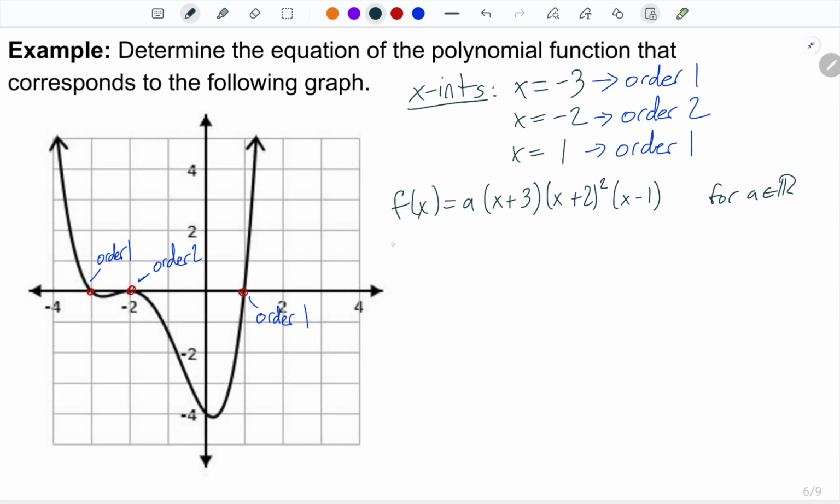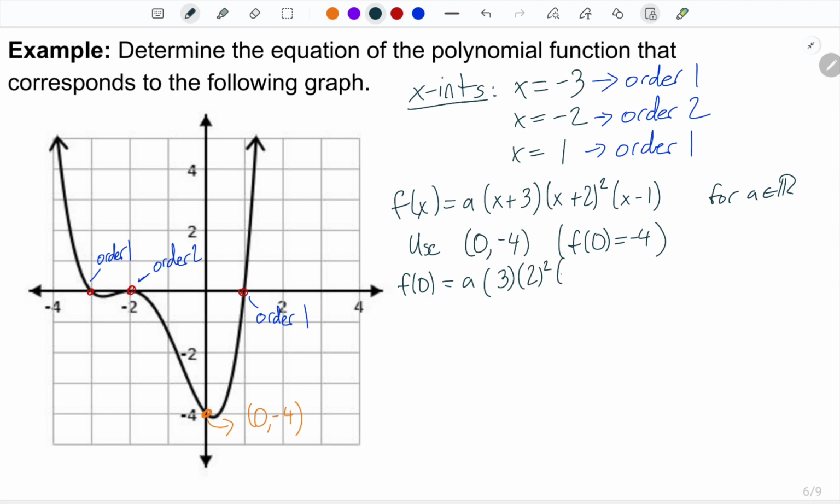So let's find a point that we can make use of. And in this case, and oftentimes is a good point to use, the y-intercept, which is the point (0, -4). So f of 0, and just to note, that means f of 0 is equal to -4. So let's plug that in. F of 0 is a. You can just drop the x's because they're 0. 3 times 2 squared times -1.